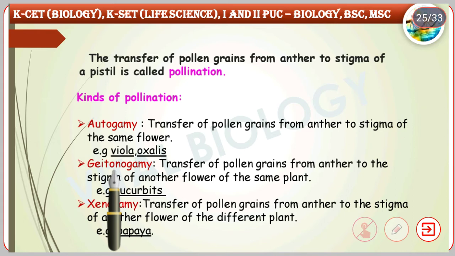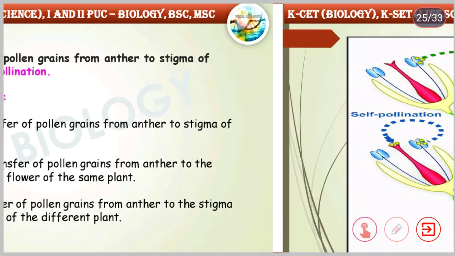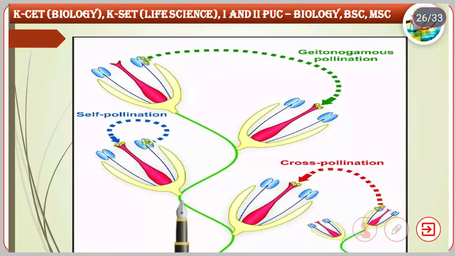Let's move on to the next kind of pollination, geitonogamy. What is geitonogamy? The transfer of pollen grains from the anther to the stigma of another flower of the same plant. Here the flowers are different but the plant is the same. I'll show you that picture also. Here is one plant, and in this green plant there are four flowers.